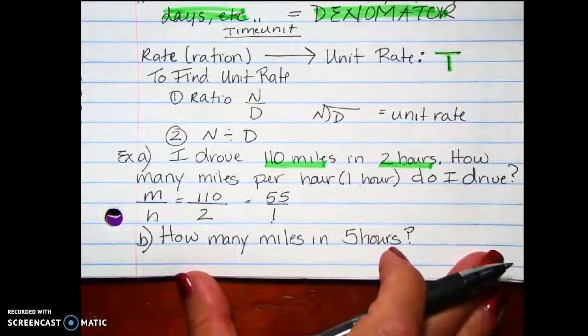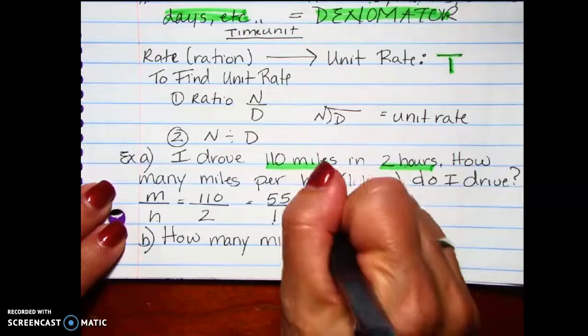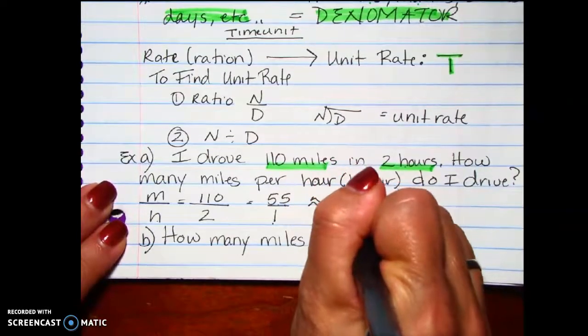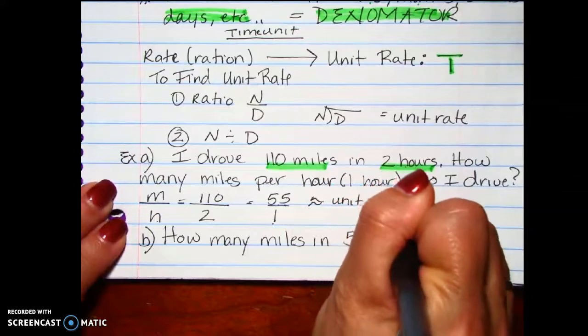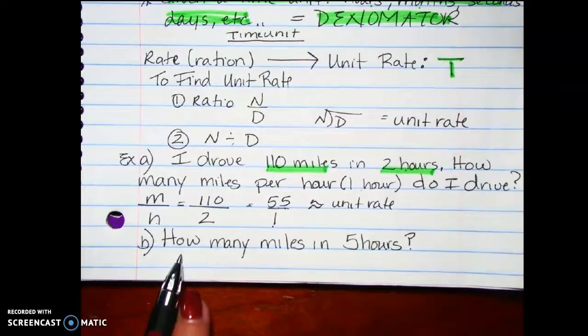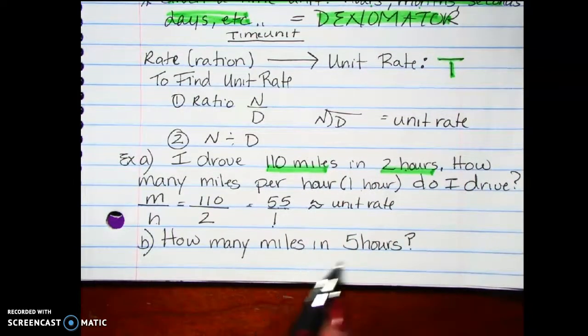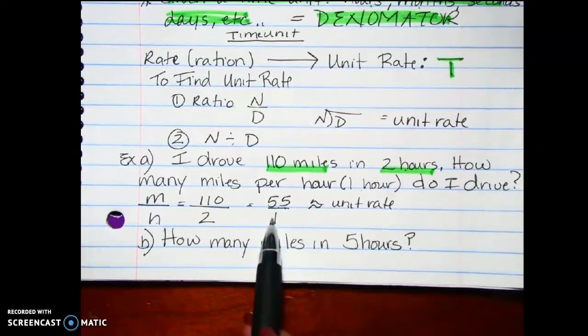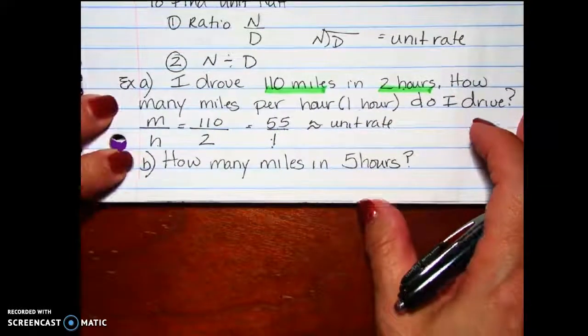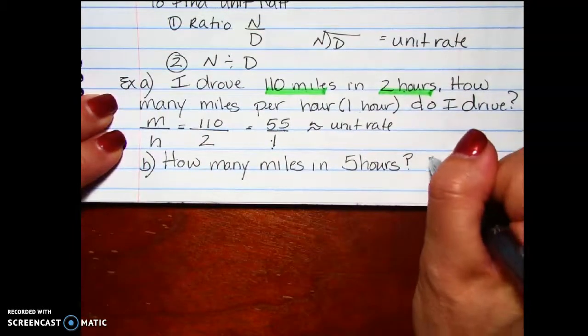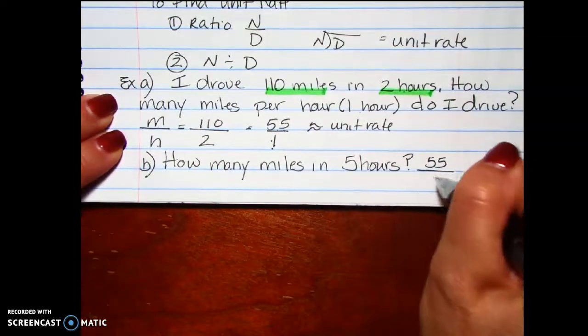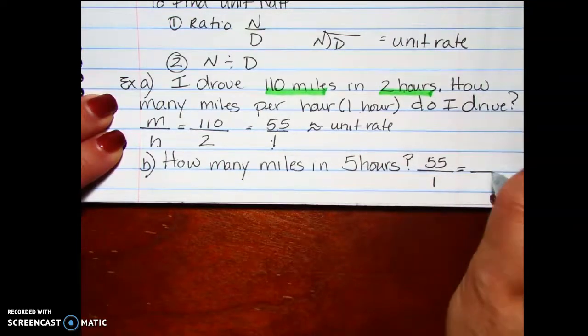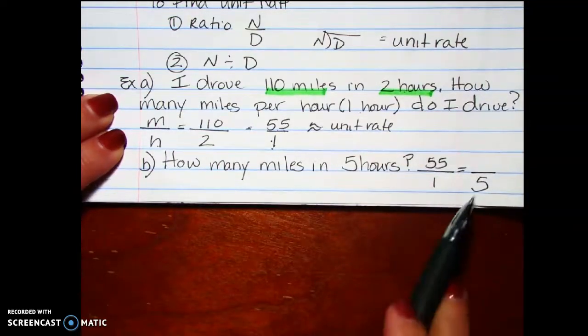Now, I have a second question down here. So this is my unit rate. But here, I want to know how many miles can I go in 5 hours? Well, because I have my unit rate, I can figure that out. So if I have 55 in 1 hour, I want to know how many I can go in 5 hours.